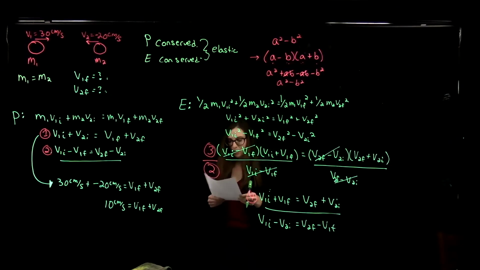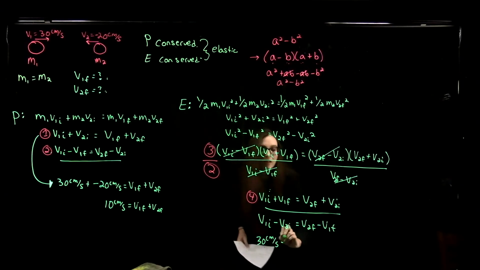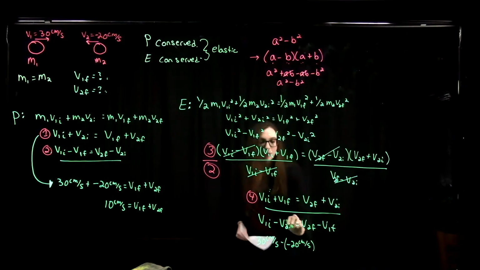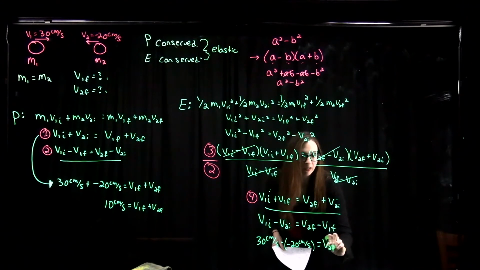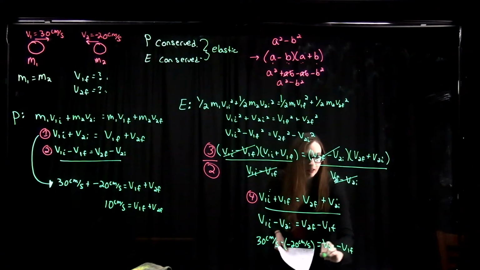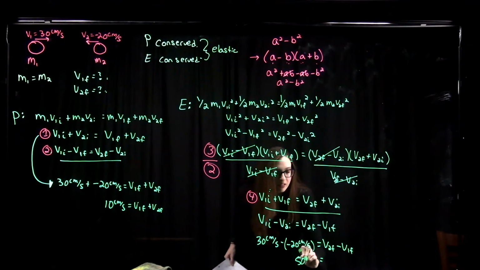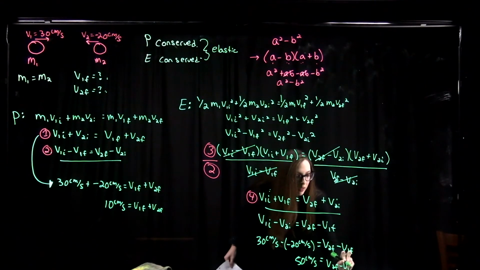Okay, so what I can do is plug in 30 centimeters per second minus my negative 20 centimeters per second for v1 initial and v2 initial, and that has to equal v2 final minus v1 final. Okay, and 30 minus negative 20 is 50 centimeters per second equals v2 final minus v1 final.